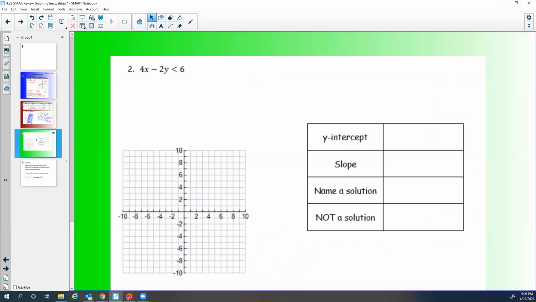All right, next, I have 4x minus 2y is less than 6. That is an equation not in slope intercept or point slope. I need to get this from the standard form that it's in to slope intercept. So how do I do that? Well, my final goal is for it to look like y equals mx plus b. So x needs to be on the right-hand side.